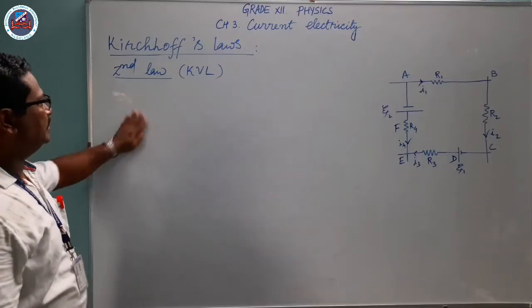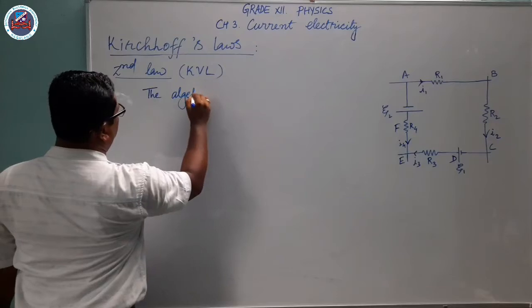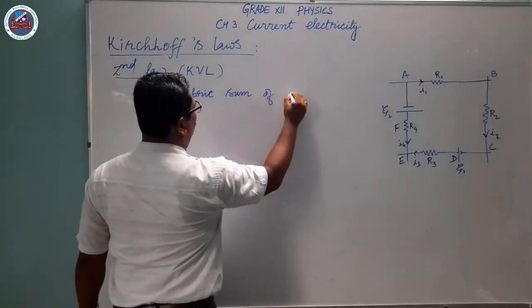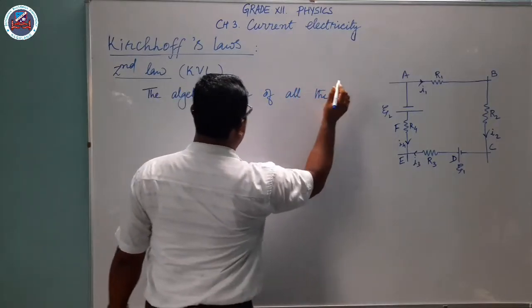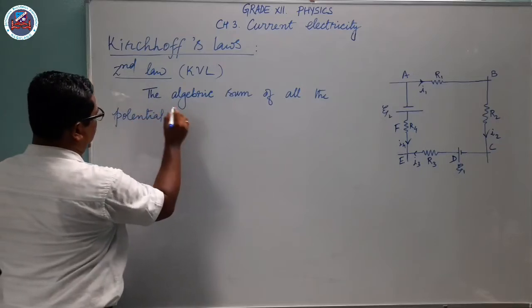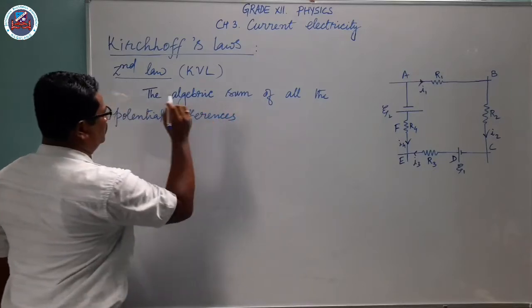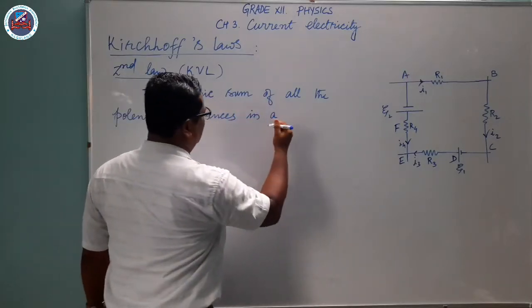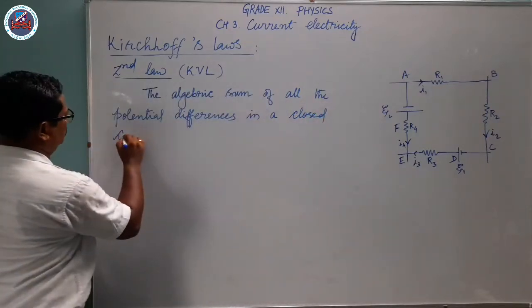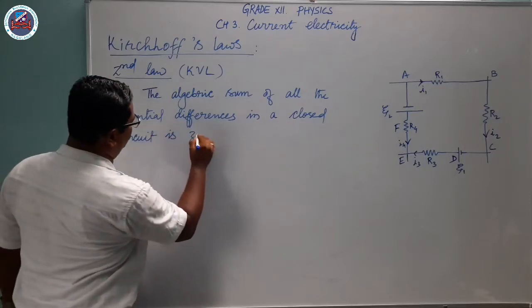Now in this case, the law says like this: the algebraic sum of all the potential differences in a closed circuit is always 0.